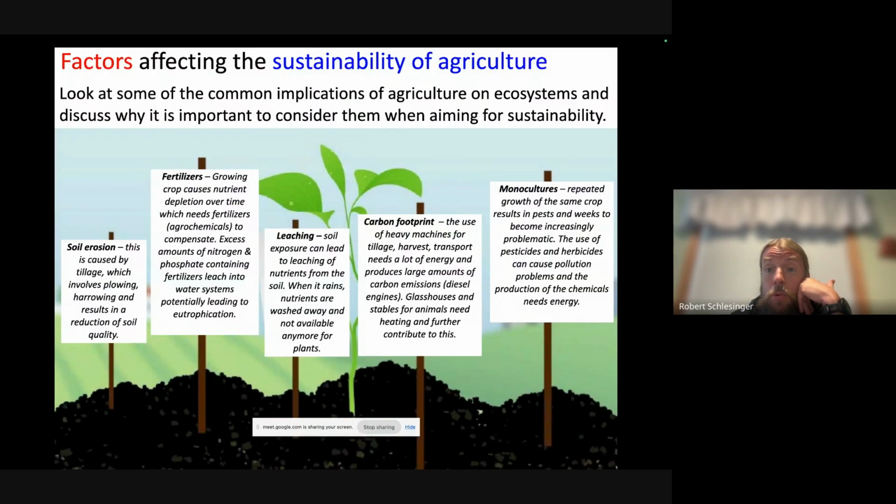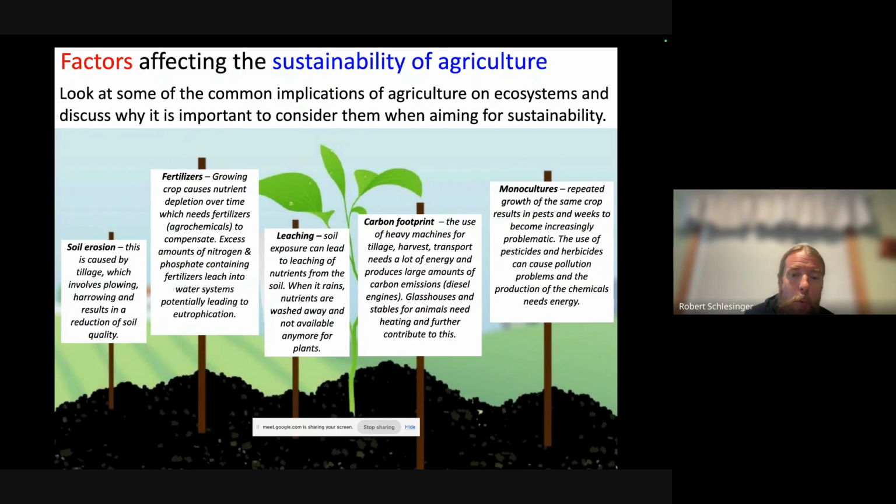And so rotating crops, growing multiple crops at the same time, is one of the best ways that we can eliminate problems in agriculture and make agriculture more sustainable. In addition, minimizing the use of fertilizers and pesticides is another really big one. And we're tackling this in a lot of different ways.